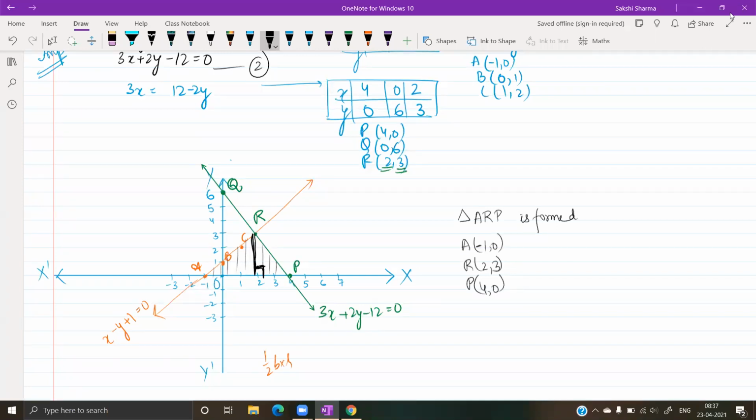Take the base as AP, measure its length, it will be 5 units, and then Ma'am, yes. हाँ जी तरनप्रीत. Yes, Taranpreet, were you asking something?